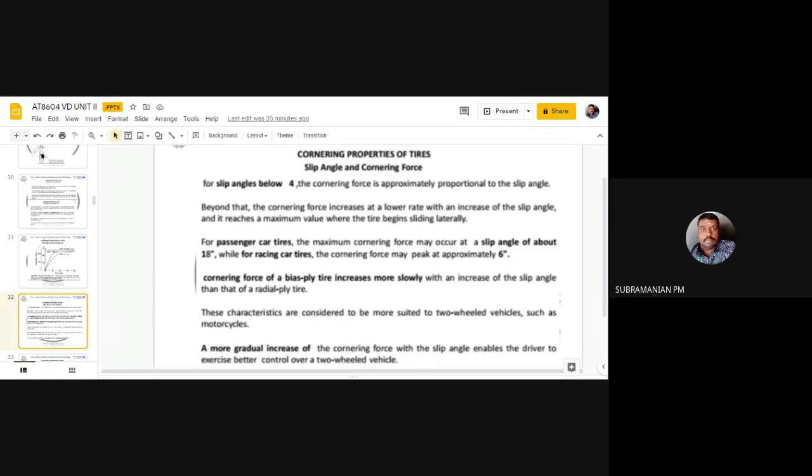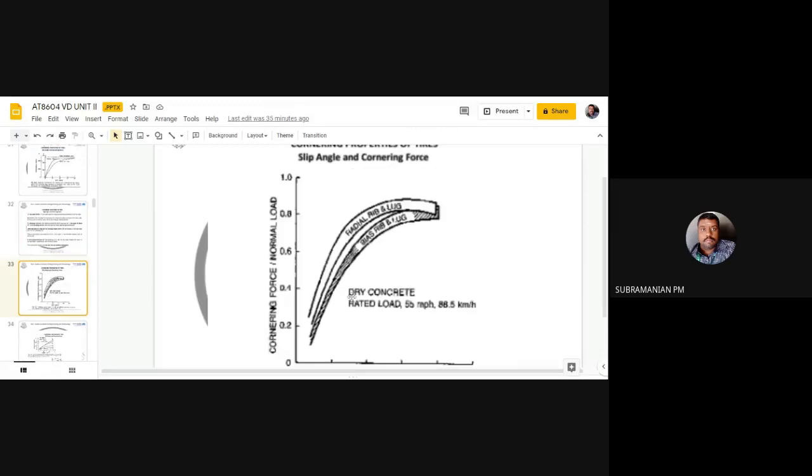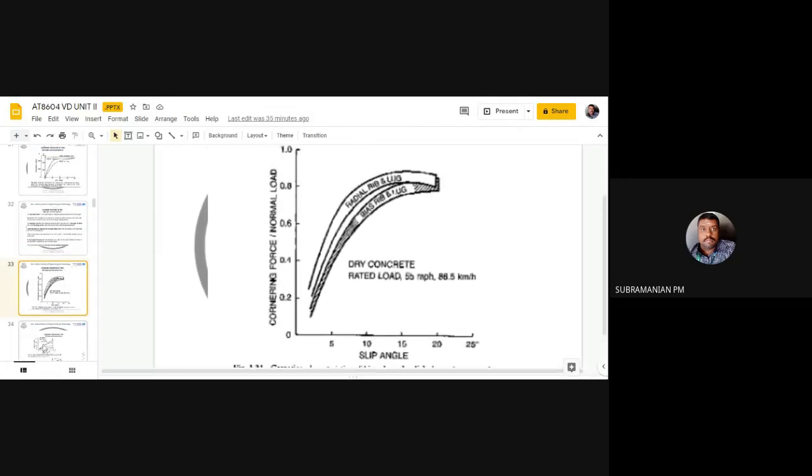So you can see for a passenger car tire, the maximum cornering force will be occurring at a slip angle of about 18 degrees. I will be showing another sketch for roads.